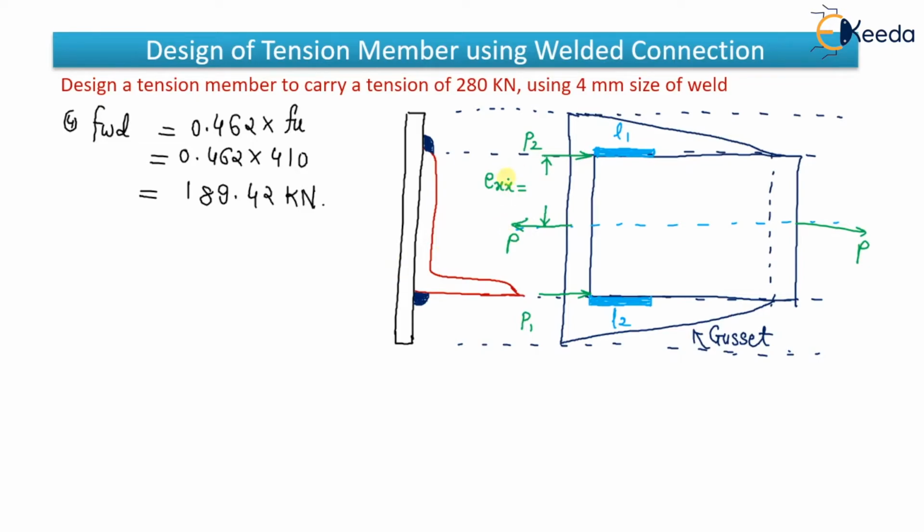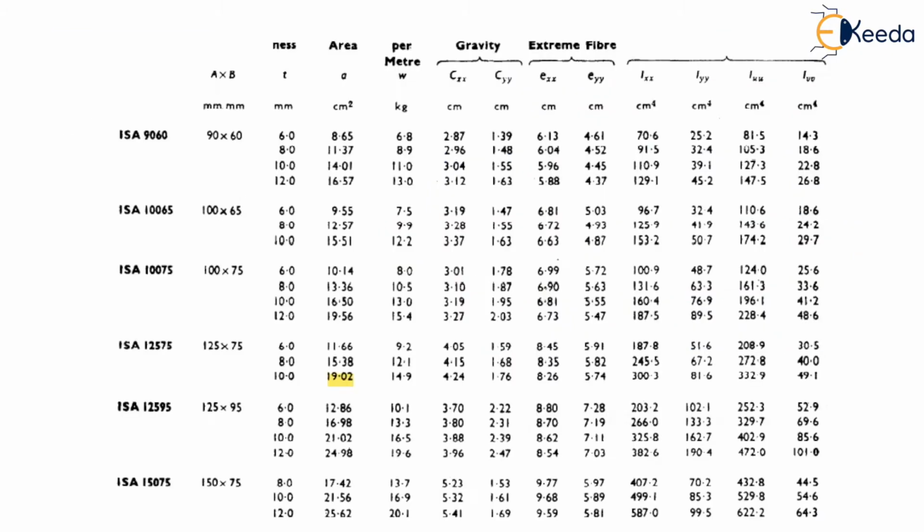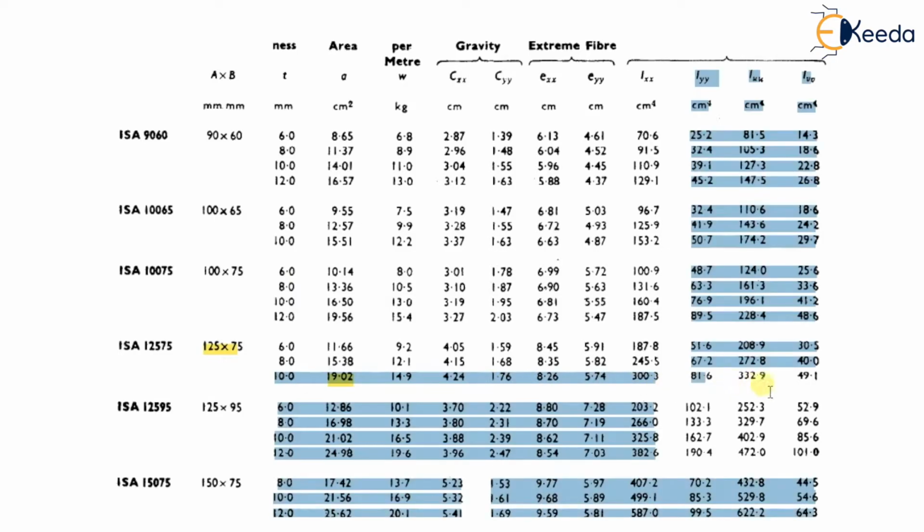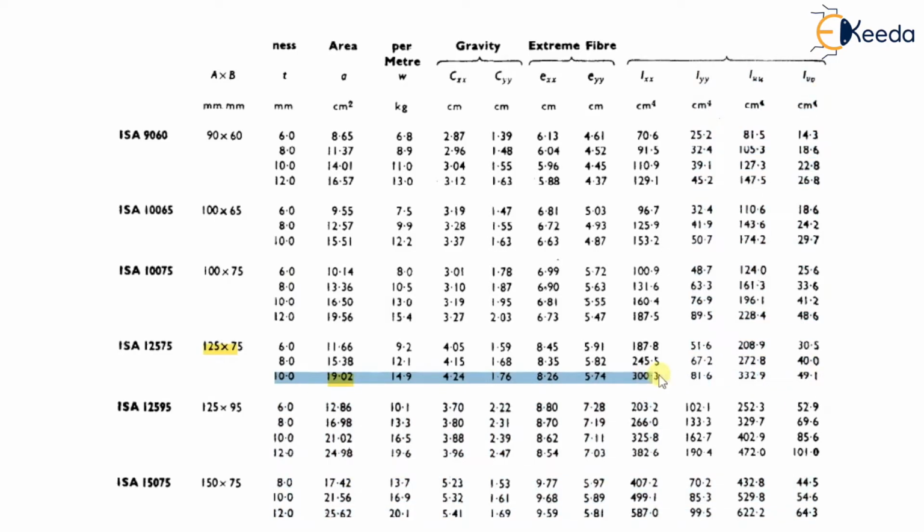So which section have we used? We have used this section, that is 125 by 75 by 10. You will have to refer to this line only. These are the values you have to take.